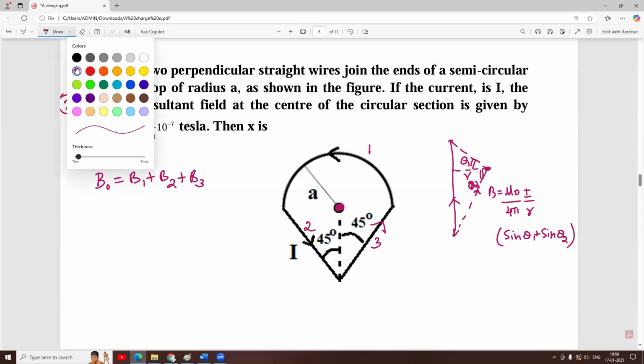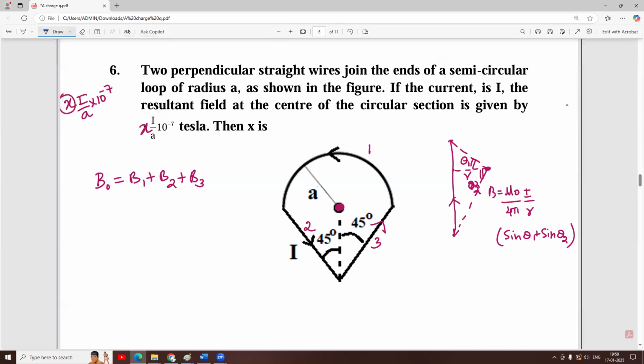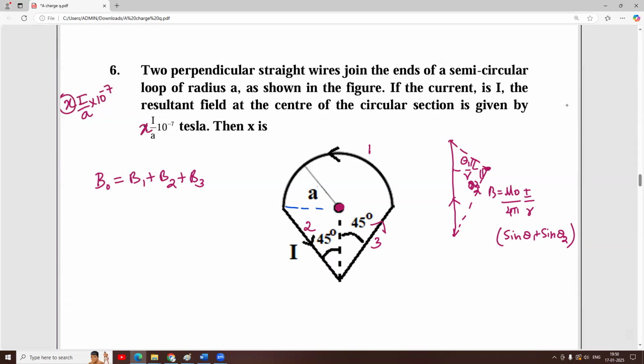The radius of the semicircular wire is given as A, so you have to use it now. How to use it? If you join this here, this will be A. And if I join a perpendicular to the second wire, with this angle 45 in this right angle triangle, I will join it by blue lines like this.